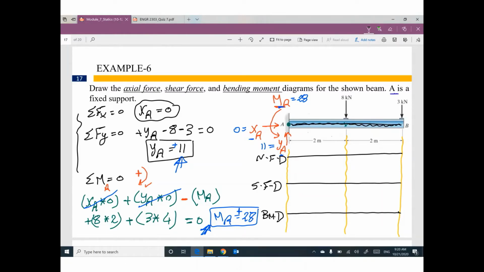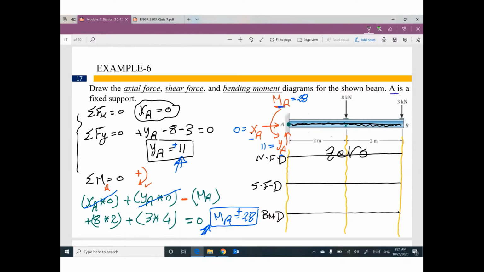XA is 0, so the normal force is 0. Very simple answer. If you have a value for XA, ask yourself: is this force pushing or pulling? If it's pushing, compression, negative. Pulling, tension, positive. That's it. Very easy.